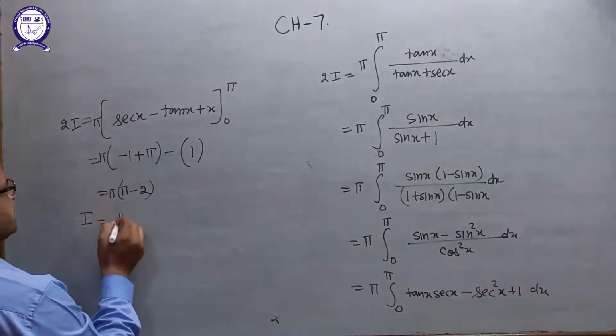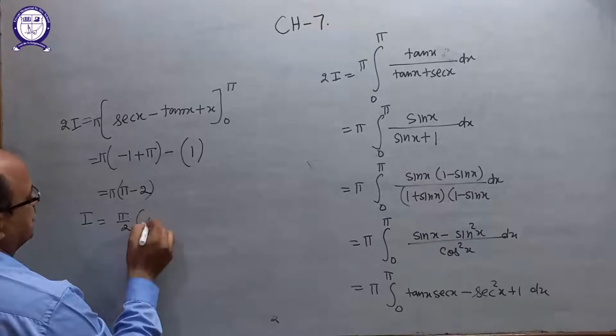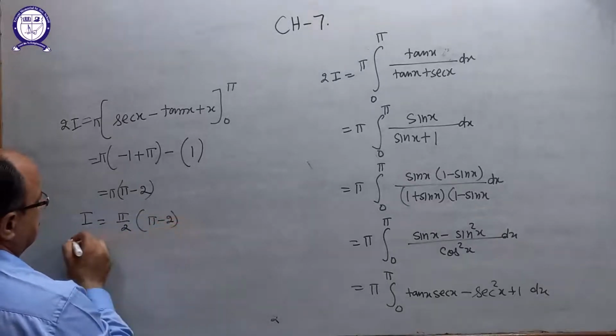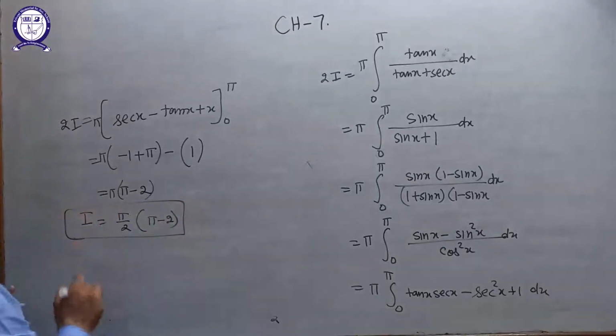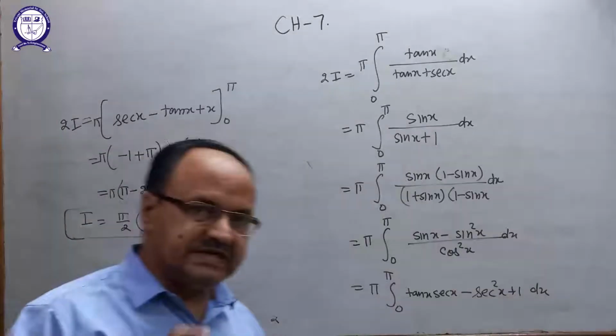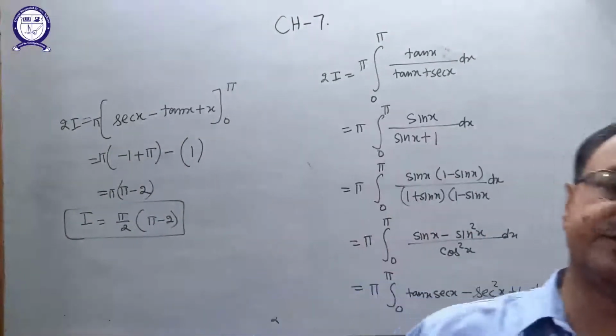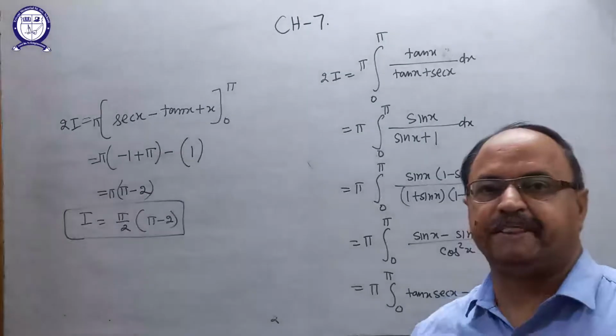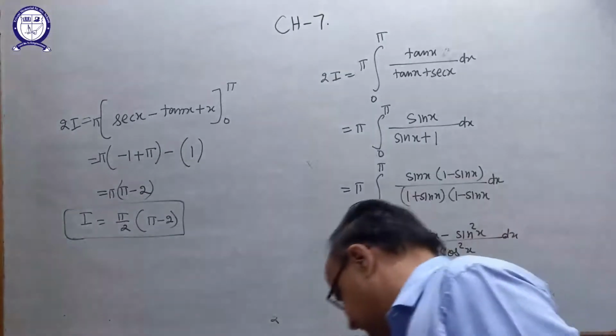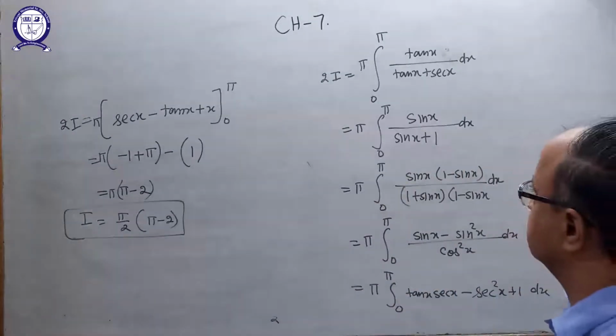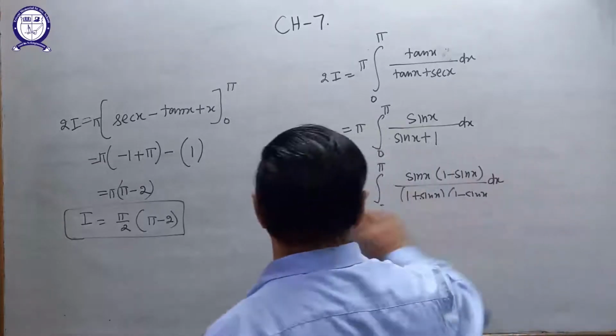Therefore the value of I is pi by 2 times (pi minus 2). This is the complete solution of this very important question, question number 32.